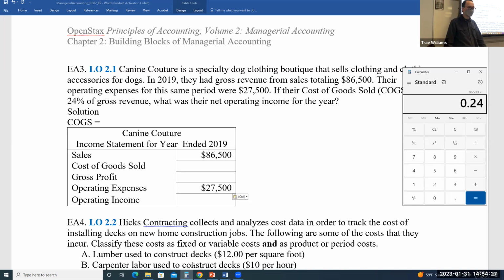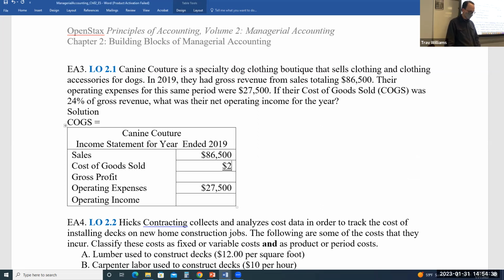Exactly. Thank you, Daniel. So times the 0.24, right? 24%. So the cost of goods sold was $20,760. Right? It was the revenue times 24% because that's what they gave us. They said that the cost was 24% of the revenue.